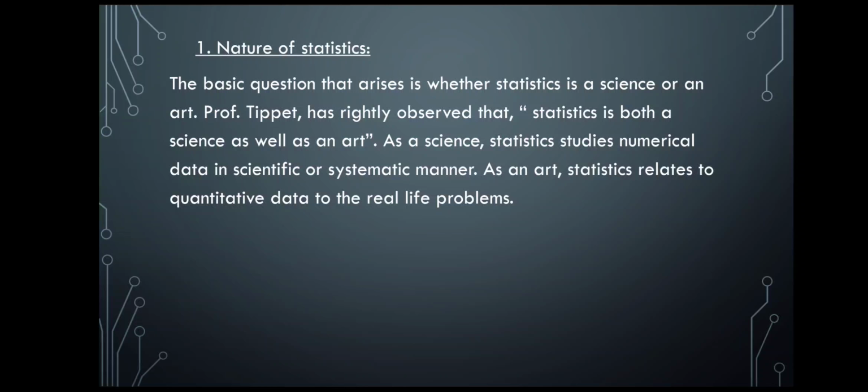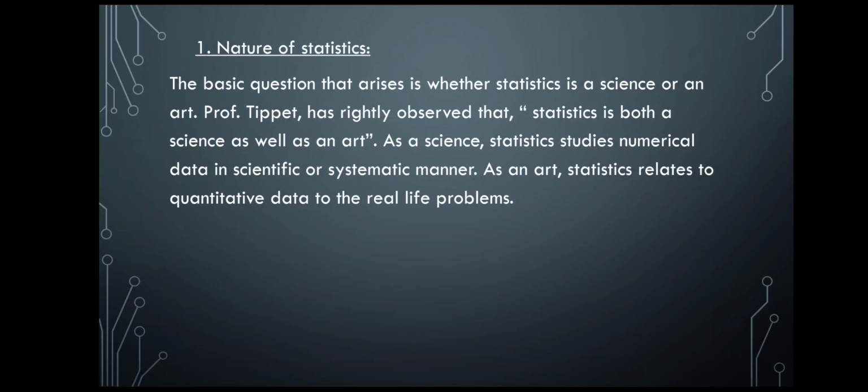It is considered to be a science because numerical data is used in a very systematic and scientific manner to derive at a particular conclusion. And it is considered as an art because all those numerical data and its conclusion, all that is used to solve our real life problems.